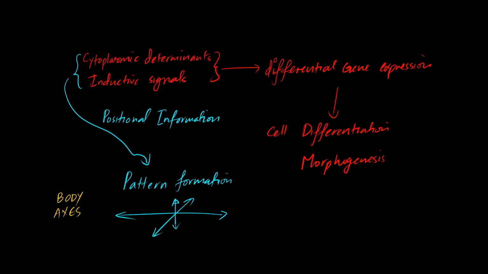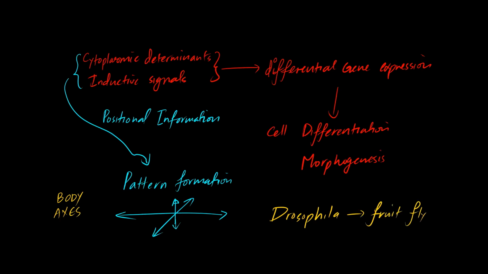So today, inshallah, we're going to learn about pattern formation and the role of cytoplasmic determinants in pattern formation by looking at an example organism. The example organism we're going to discuss is Drosophila melanogaster. Drosophila is the fruit fly.